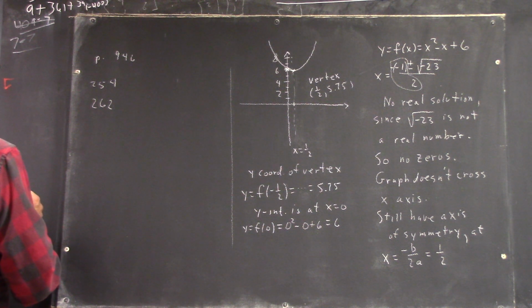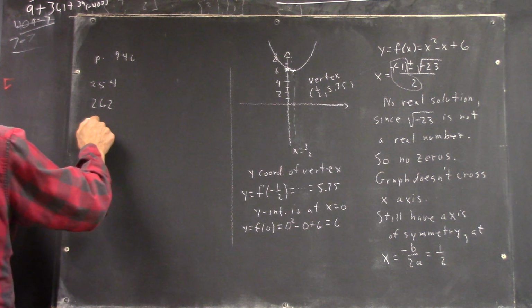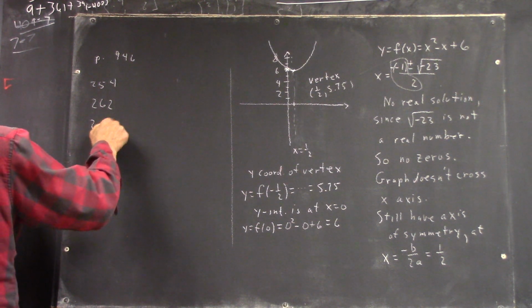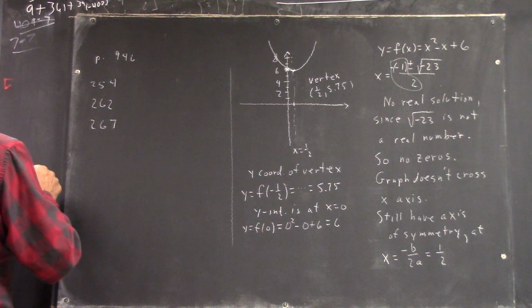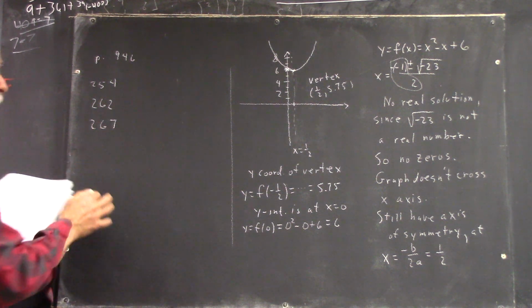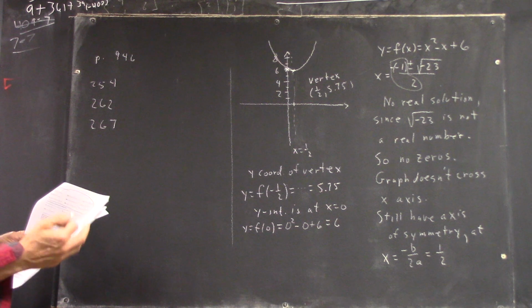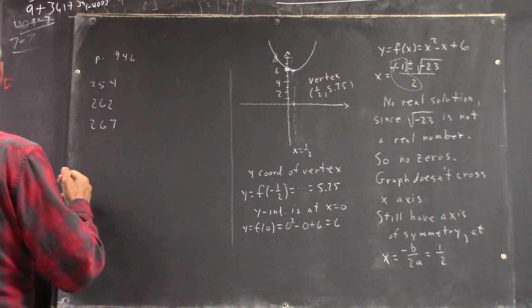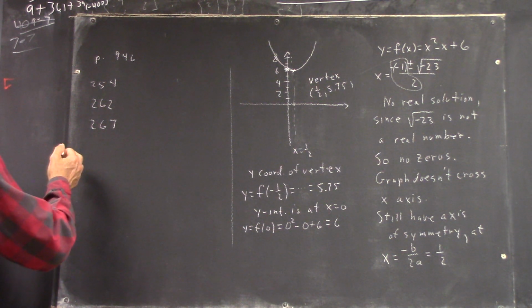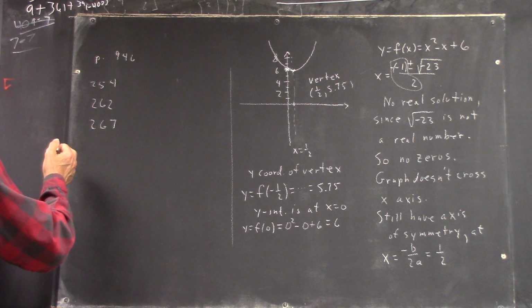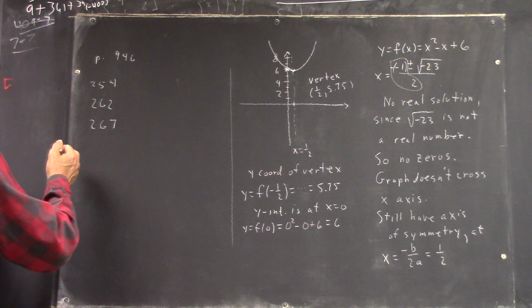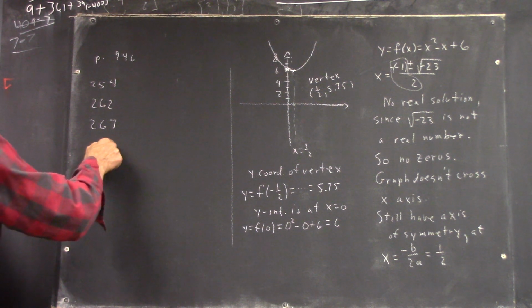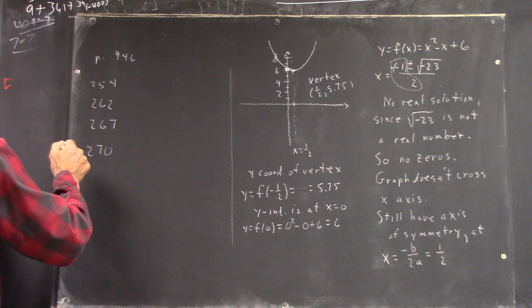I'm trying to find one that misbehaves. 267. I'm sorry I didn't look at this in advance because I wasn't sure what we're actually going to do today. I should have done that anyway. And 270.